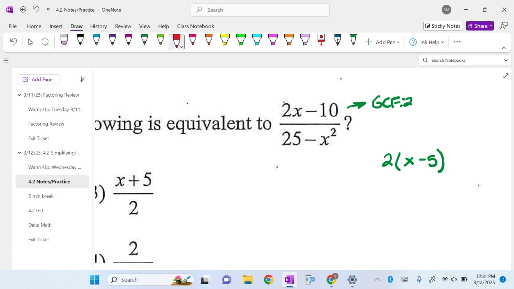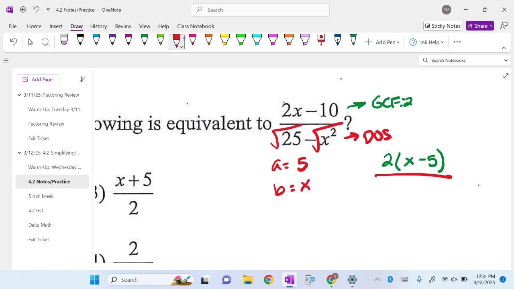Now, how do I factor the denominator? It's a difference of squares because 25 and x squared are both perfect squares. So I'm going to take the square root of both terms to get a and b. So square root of 25 is what? 5. So that's my a value. Square root of x squared is what?